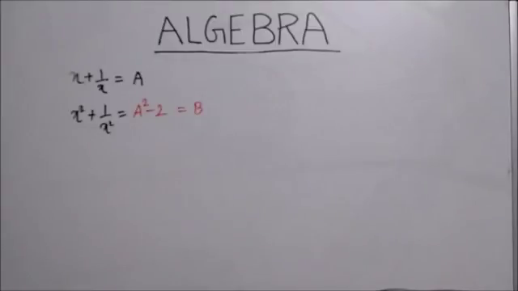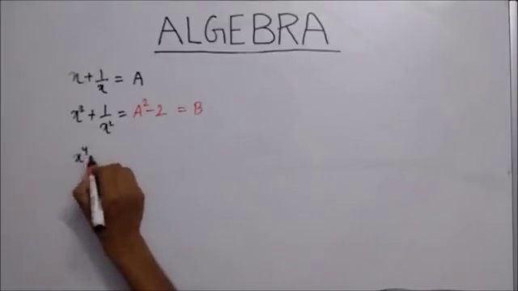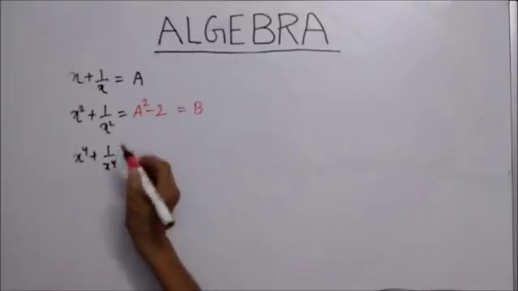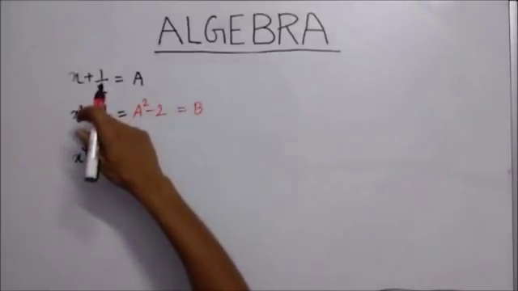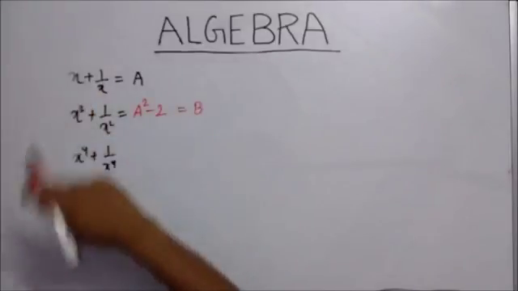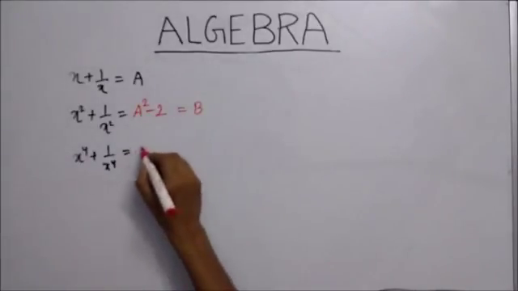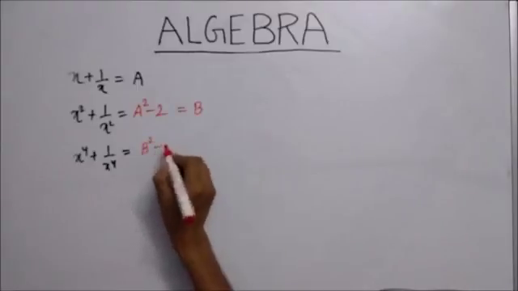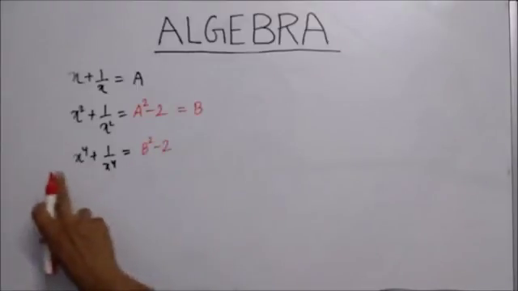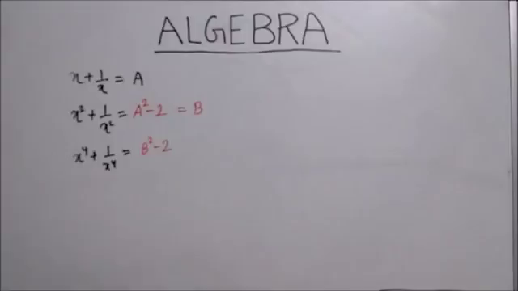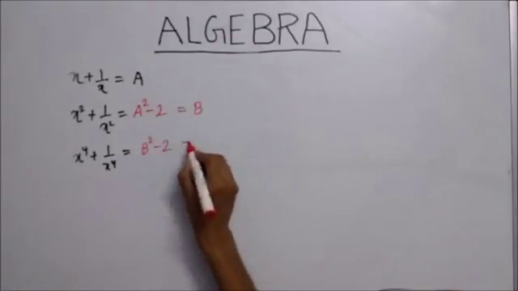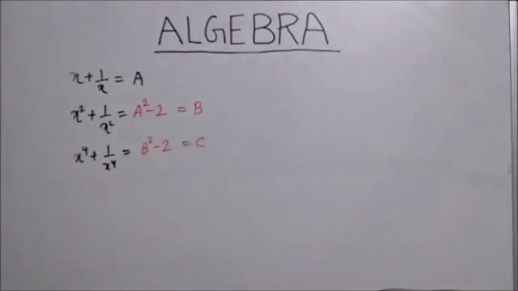When you have to find x power 4 plus 1 upon x power 4, just double the power from the previous part, and what you have to write is b square minus 2 will be the value of x power 4 plus 1 upon x to the power 4. Write this value as c.